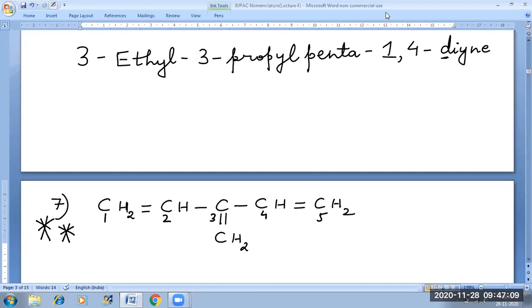Is there any other possibility? There is no possibility, because you have already got the longest chain containing the maximum number of double bonds.